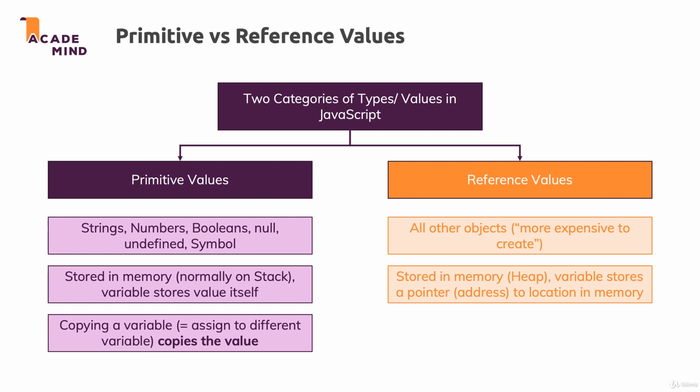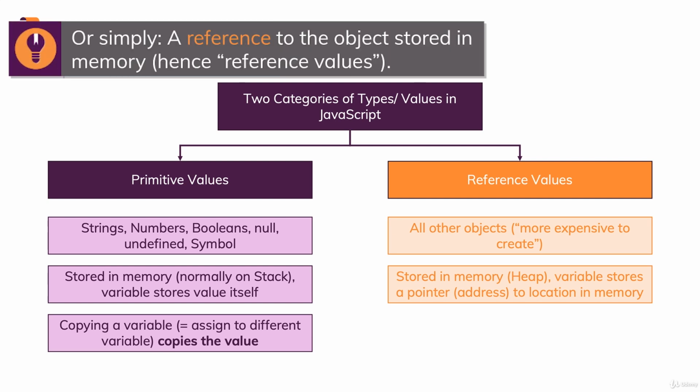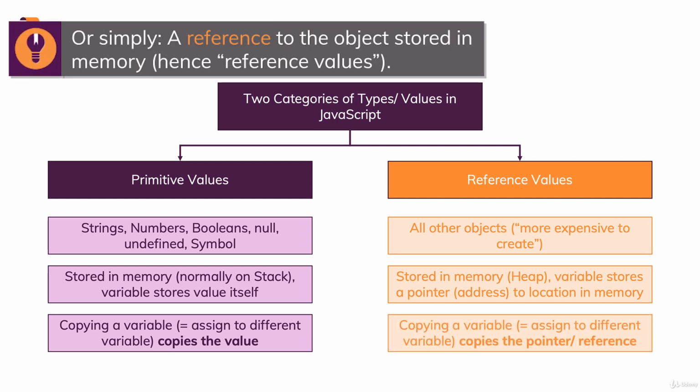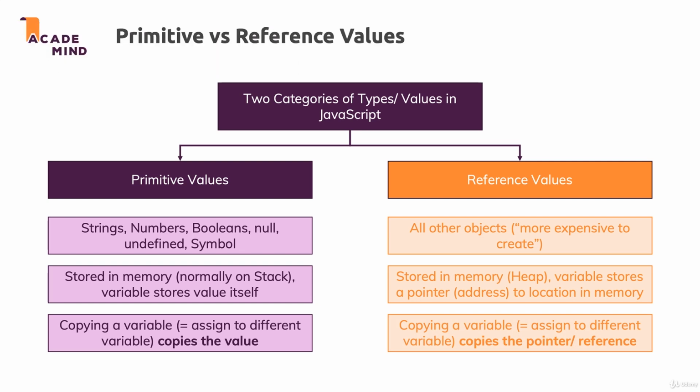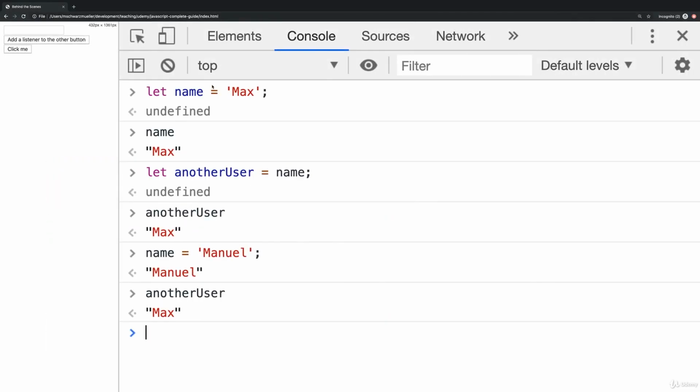Instead, the value is stored somewhere in memory, somewhere in the heap, and the variable stores the address of that place in memory, so a pointer at this place in memory, you could say. Therefore, if you copy a variable which holds a reference value, so if you assign it to a different variable, you only copy the pointer, the reference, and not the value itself. Now, what's the implication of that?